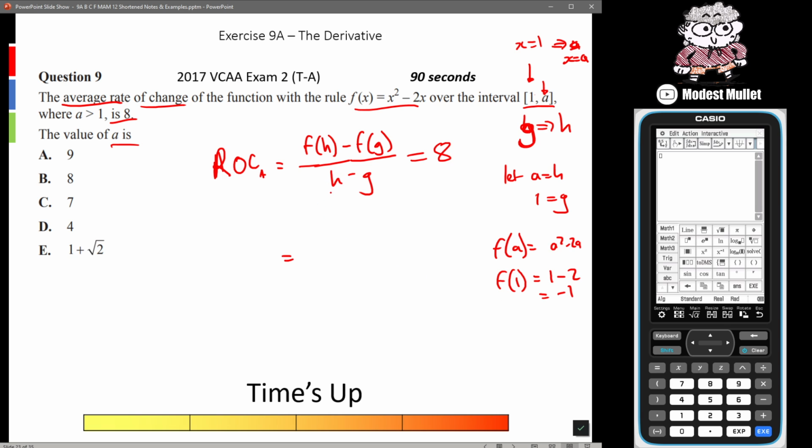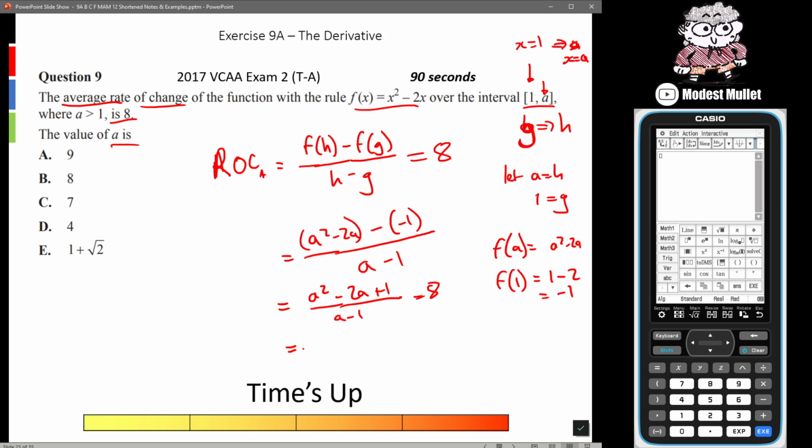So we get a squared take away 2a, that was our f of h, take away f of g, which is f of 1, which is negative 1, divided by a take away 1. So we get a squared take away 2a plus 1 on a minus 1, and we know that's equal to 8.